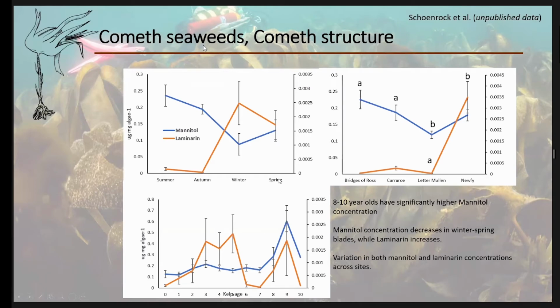And then if you look at the kind of sugars that you can find within the kelp tissue, and this is important from a food web perspective, you have laminarin and mannitol, and the concentration of these within tissue kind of shifts throughout the year. So you have higher mannitol concentrations in summer and autumn, these decrease in winter and spring, and laminarin then increases winter through spring.